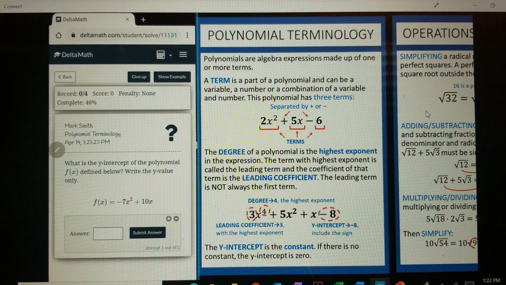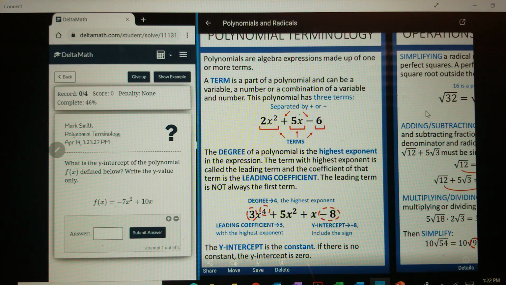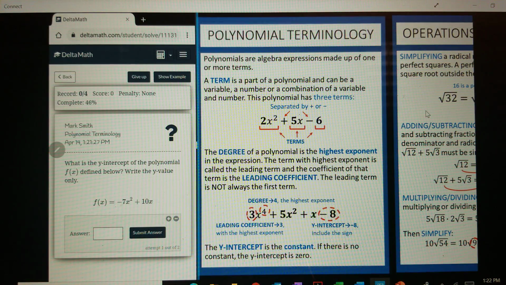And here we see the y-intercept. So the y-intercept is the constant. If there is no constant, the y-intercept is 0. Let's look at our problem really quickly over here. We can see that this function, negative 7x squared plus 10x, does not have a constant.